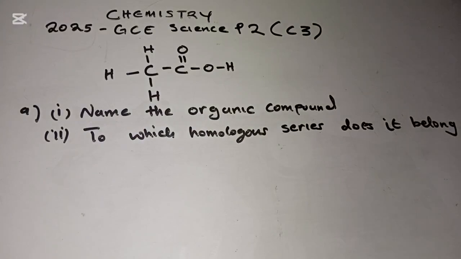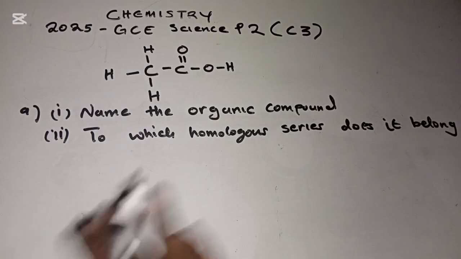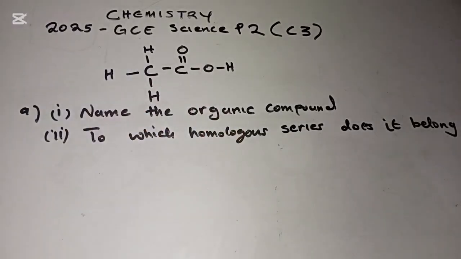Now, this is really easy. All you need is to know a few things about organic chemistry, and it's so easy to tell what type of organic compound it is. First of all, we want to look at the structure, and there are certain things I want you to always pinpoint.